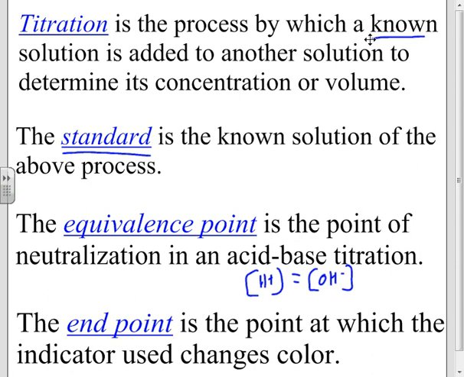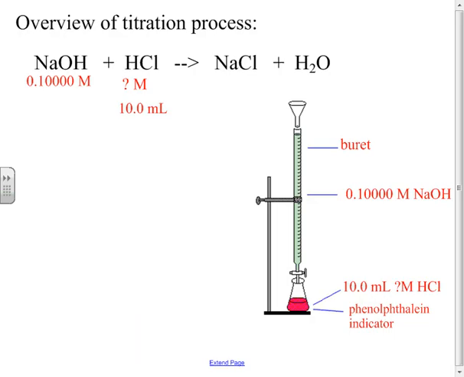The end point is the point at which the indicator used changes color, and that should be the same as the equivalence point, but you must choose the appropriate indicator that changes color at the point of neutralization for the particular acid-base combination being used.